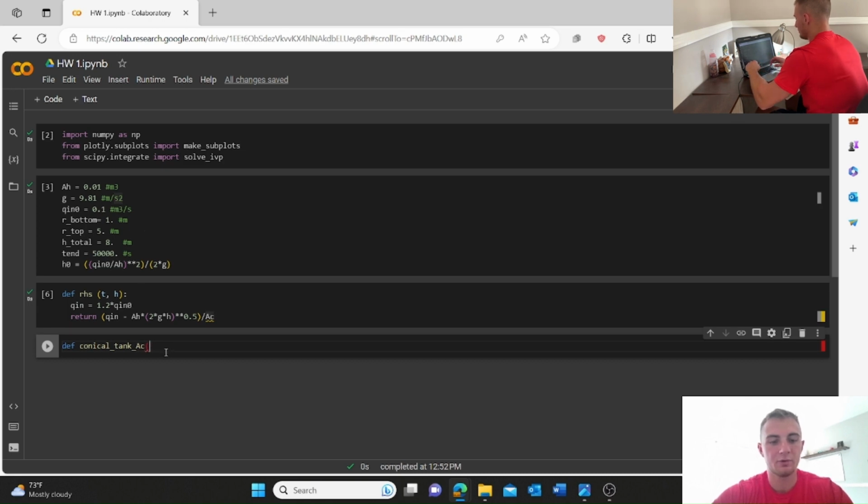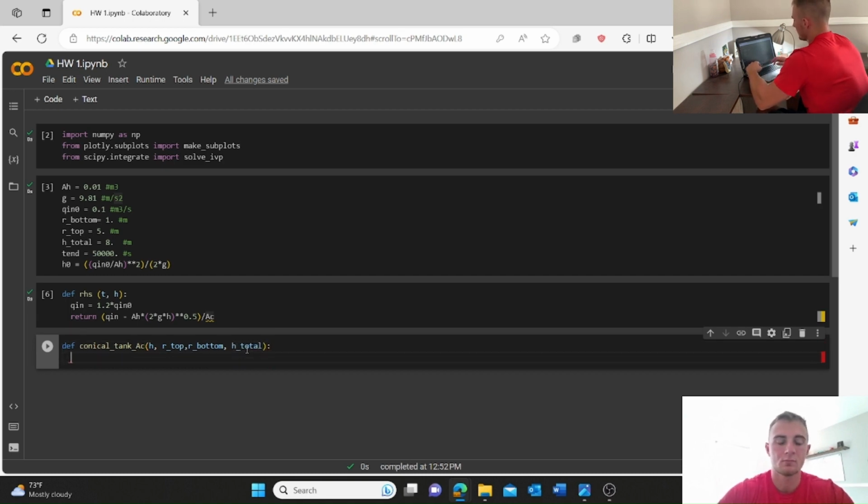And what we will be supplying here is H, R top, R bottom, and what's the last one here? R top, R bottom, and H total, right? And now we can go ahead and calculate R. So we'll calculate R is equal to R top minus R bottom.